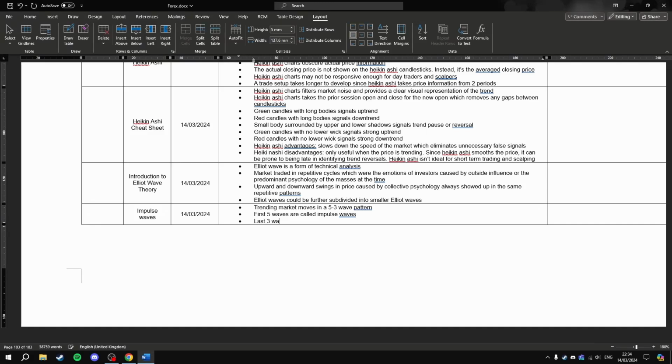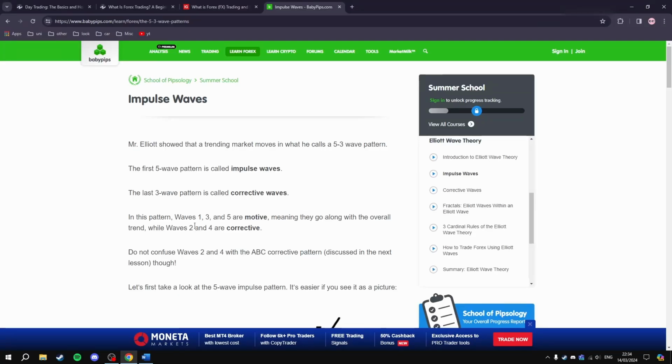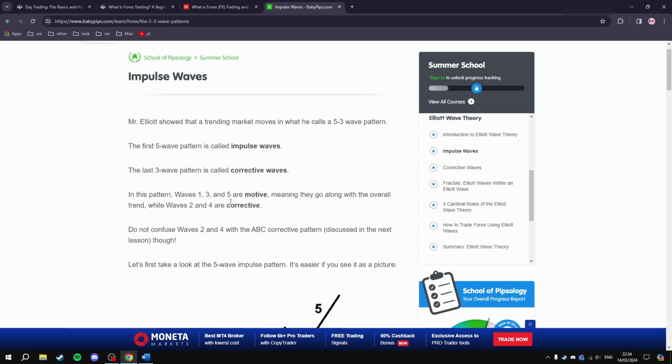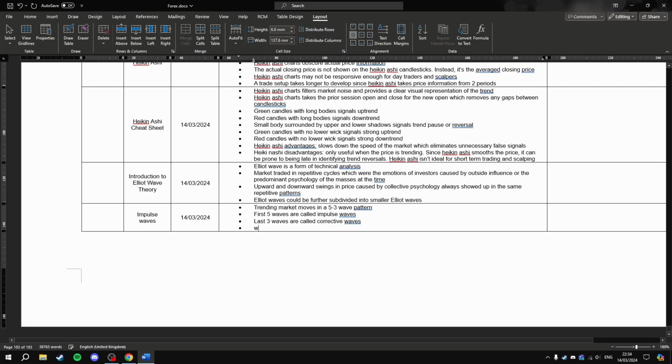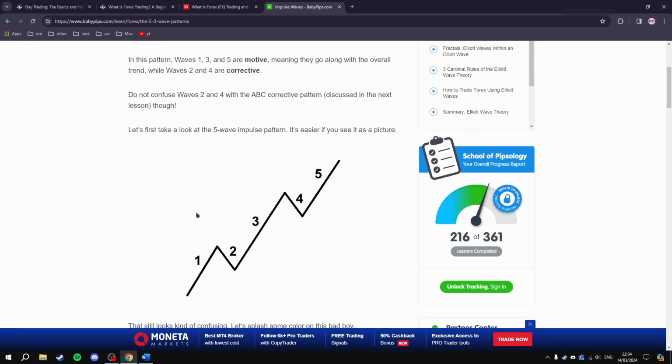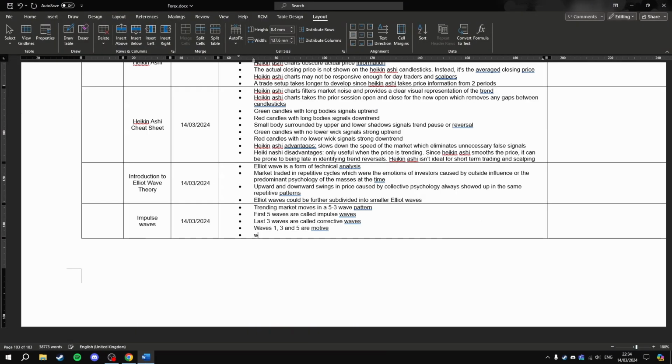The last 3 waves are called corrective waves. In this pattern, waves 1, 3 and 5 are motive, meaning they go along with the overall trend, while waves 2 and 4 are corrective.